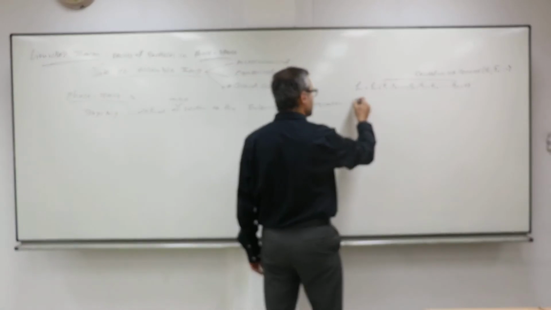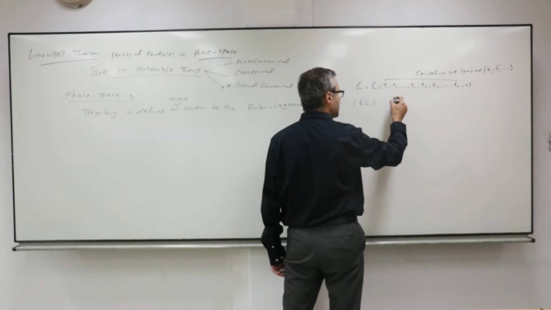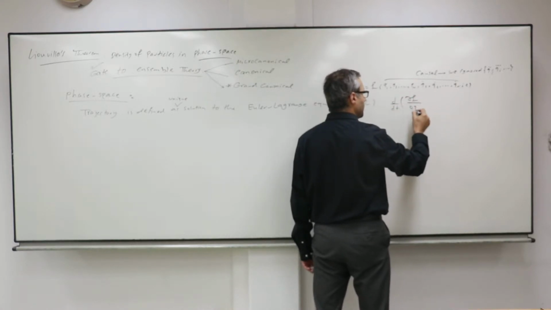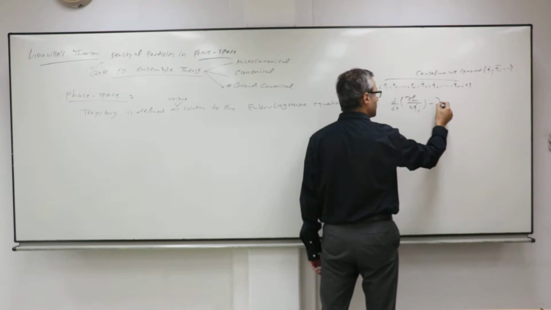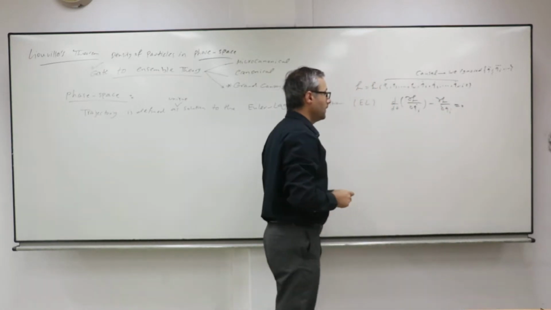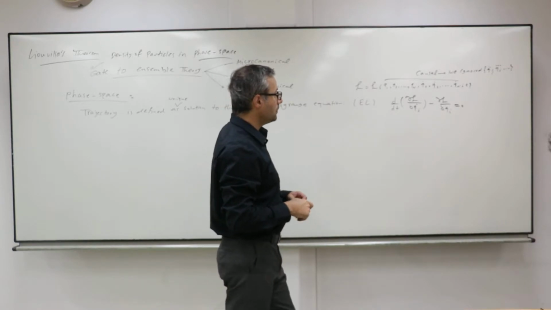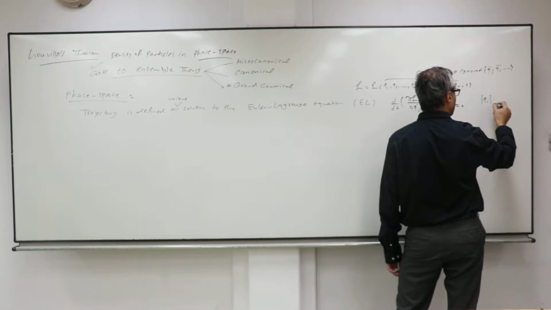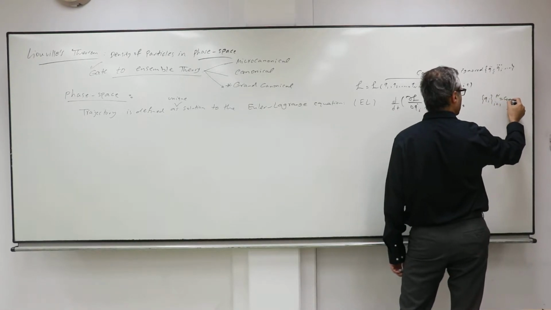So the Euler-Lagrange equation, we call it EL, is this set of ordinary differential equations given like that. Here, the qi is called the configuration coordinate. So qi, i from 1 to n, is the configuration coordinate.